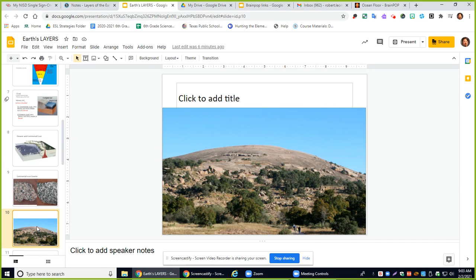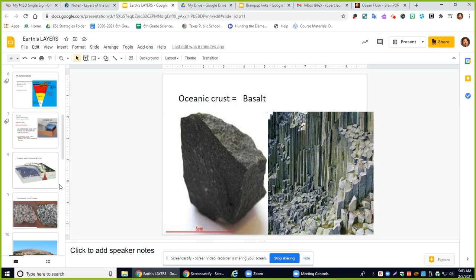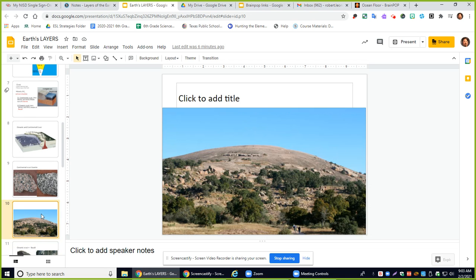How many of y'all have ever been to Enchanted Rock? Y'all been to Enchanted Rock? I'm going there next Sunday. Are you? Yeah, it's a very crowded area. I think that's on my other slideshow. I actually have a picture of me taking high school kids on a field trip to Enchanted Rock.